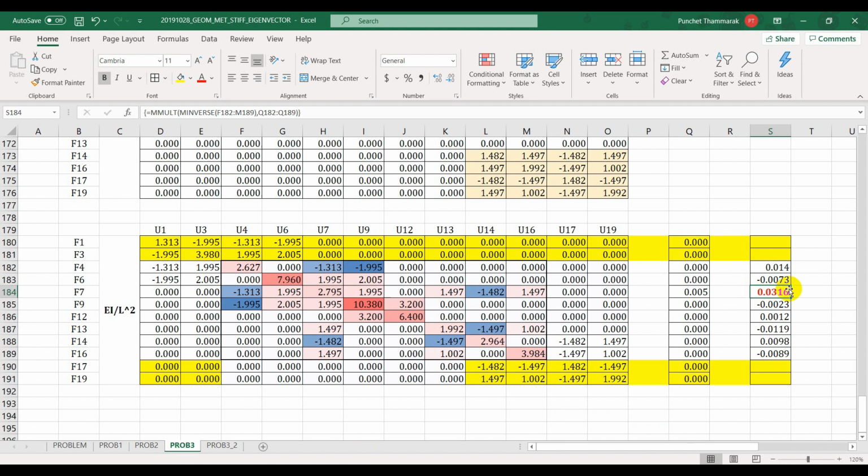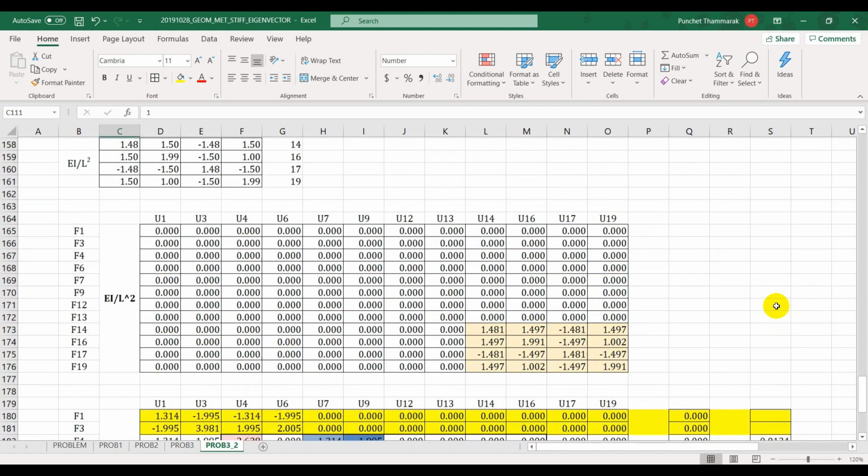Previously, displacement is 0.0316 at DOF 7, and next time we get the reduced displacement because the effects from the horizontal load decrease the axial force in the left side, which is subjected to higher axial load. So it turns out that this horizontal force helps a little bit for now.